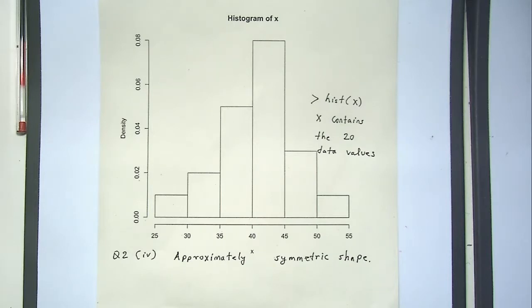Yeah, you need to divide by the total data points, which is 20, and also the length of the interval. The reason I divide by 5 is because otherwise the area will not be 1. The area of the curve, so of the histogram, must be 1 by definition. If you don't divide by 5, the area will not be 1.